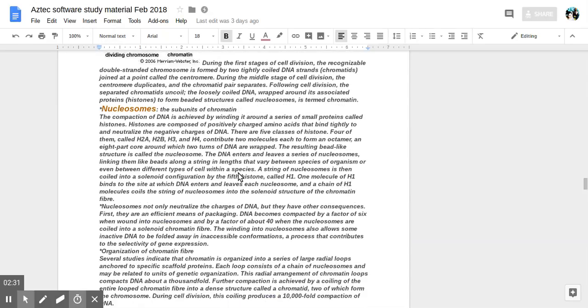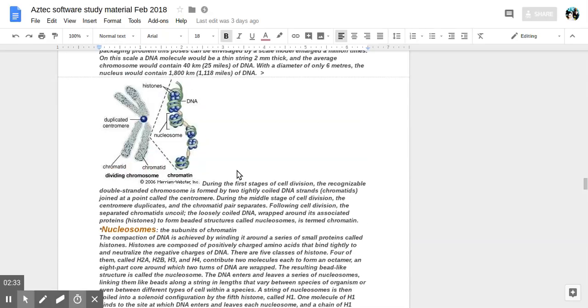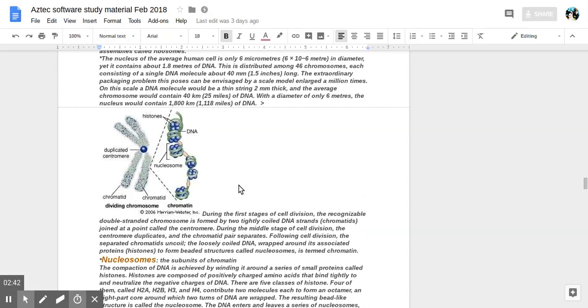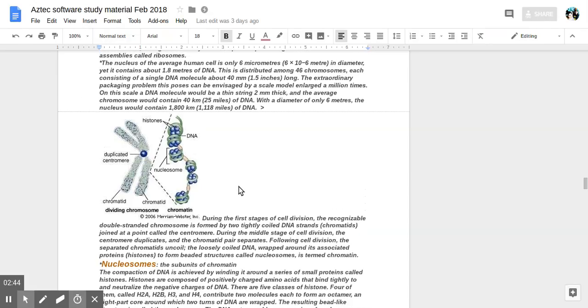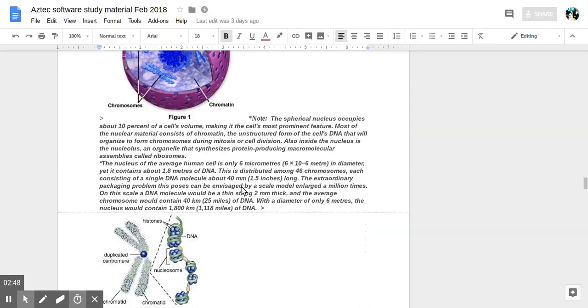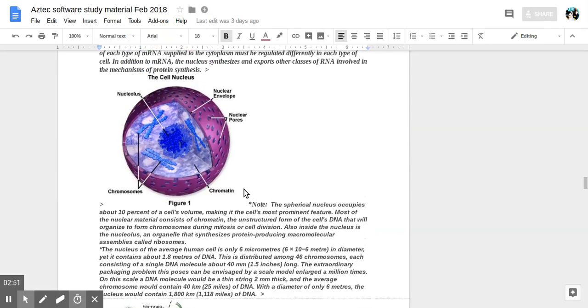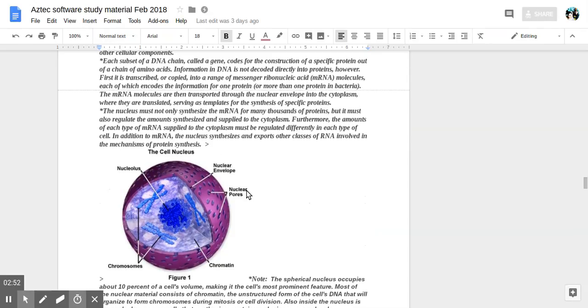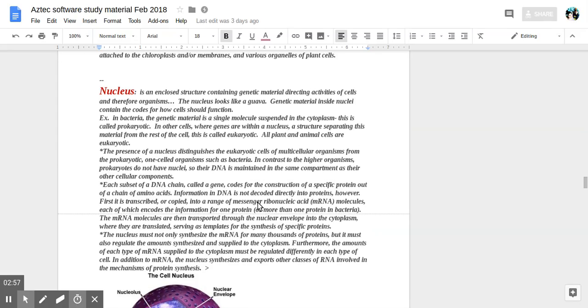And when it's loose, the DNA allows itself to be transcribed into RNA for purposes of protein production in the ribosomes.